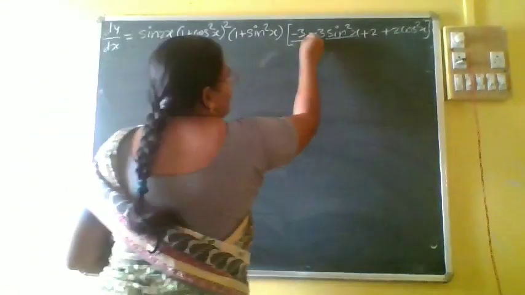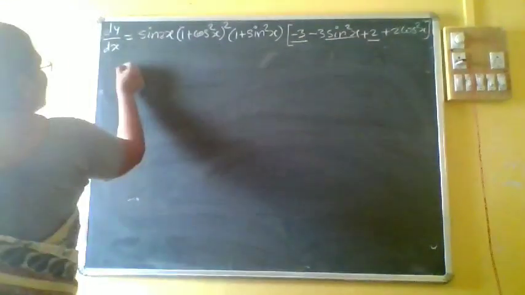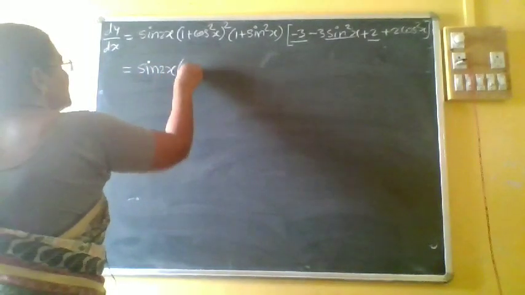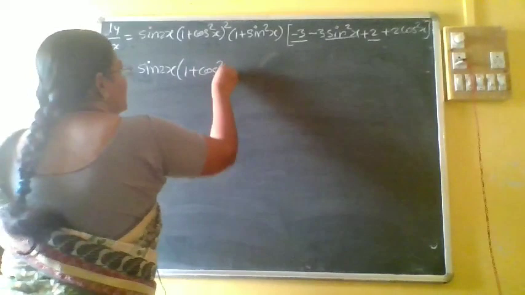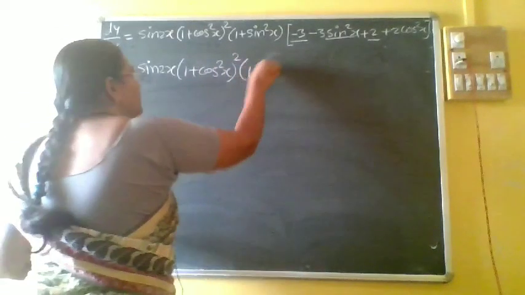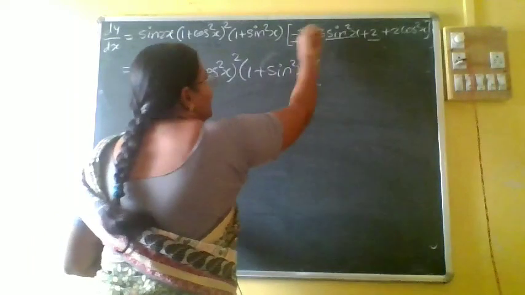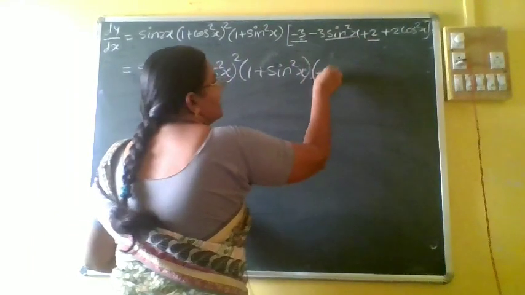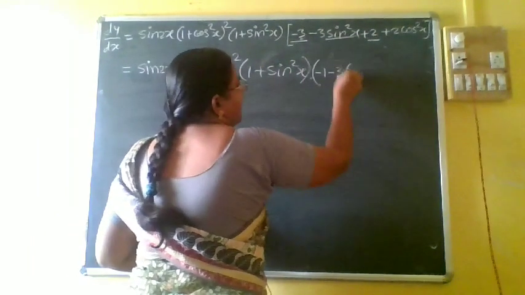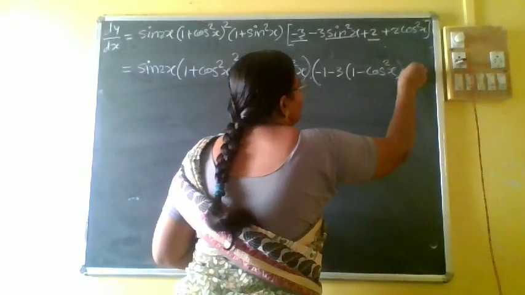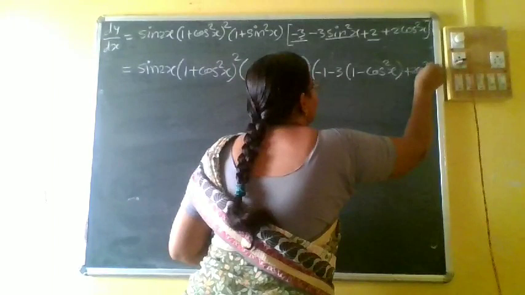This minus 3 and this plus 2 becomes minus 1. The sine of 2x, (1 plus cos square of x) bracket square, 1 plus sin square of x, and into the bracket is minus 3 and plus 2 becomes minus 1. This minus 3 keep as it is and 1 minus cos square x and plus 2 cos square x.